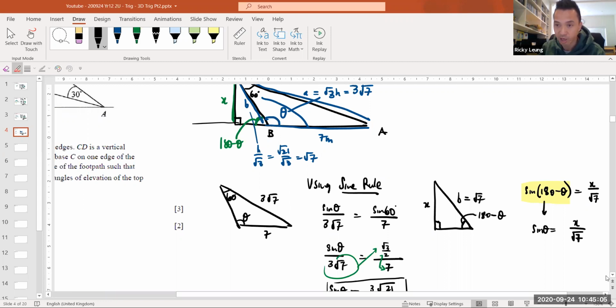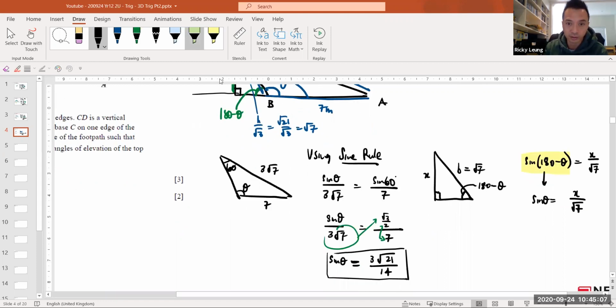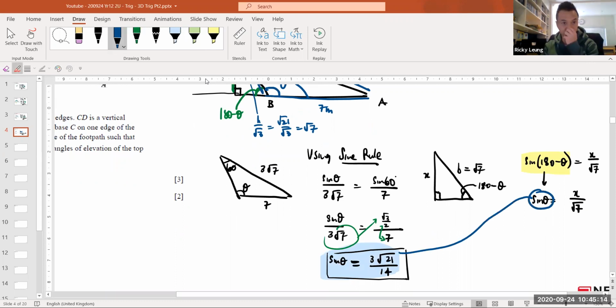Which is nice because I have the value of sine theta over here, and I'm just going to plug this guy into this value here. Pretty straightforward. So let's have a look. 3 root 21 on 14 equals x on root 7. Then it's a simple case of timesing the root 7 up.